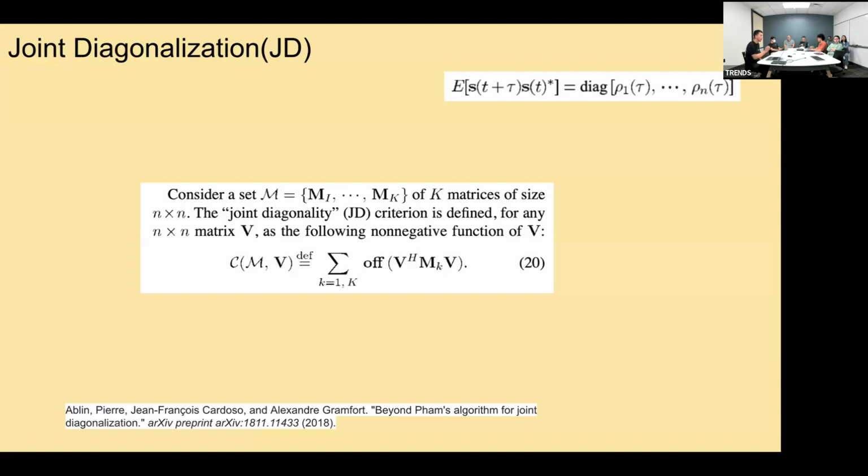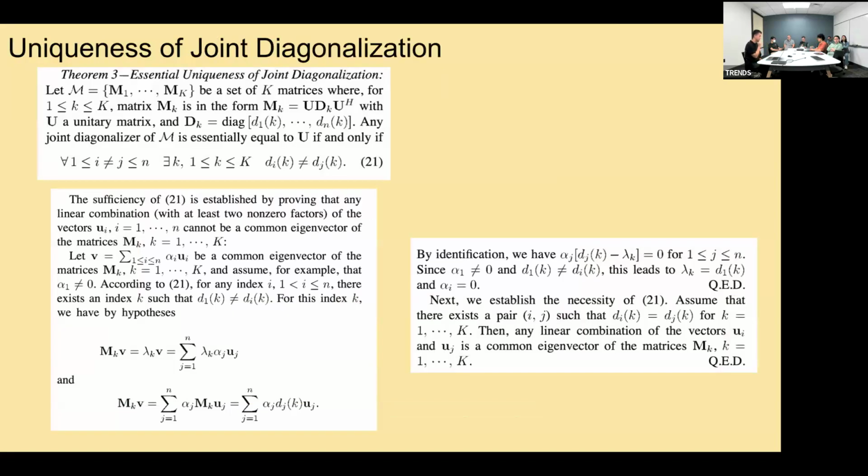But one thing I want to mention is the uniqueness of joint diagonalization. Let's go slowly here. There's a theorem that the uniqueness is confirmed when, among all of these matrices, there exist... let's start again.